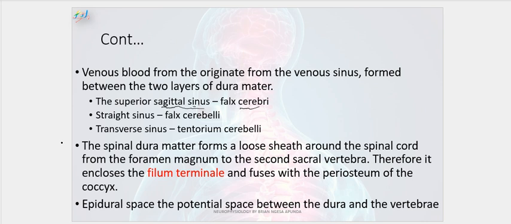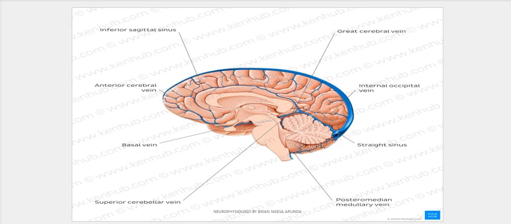The straight sinus is from the falx cerebelli, and we've seen that this is the space between the two cerebellum. The transverse sinus originates from the tentorium cerebelli, the space between the cerebrum and the cerebellum. If you can see with this image, the same thing is emphasized over here.